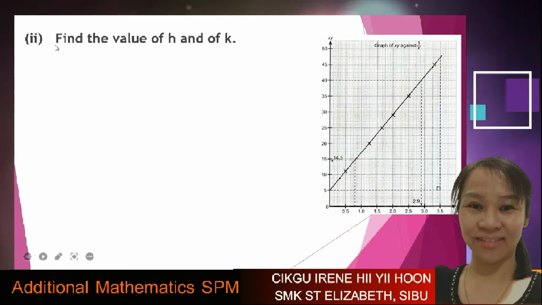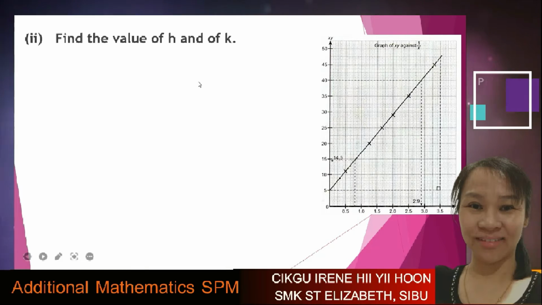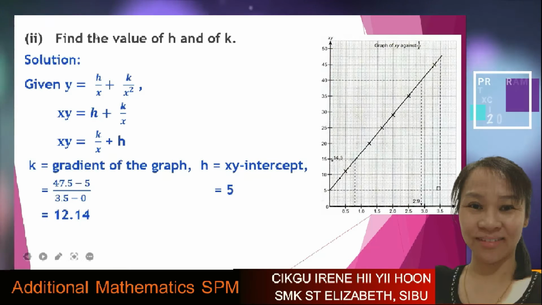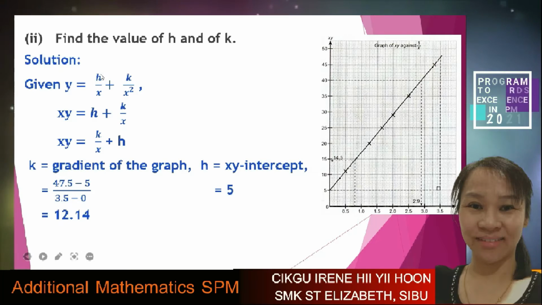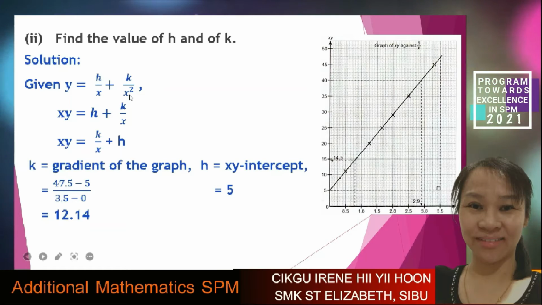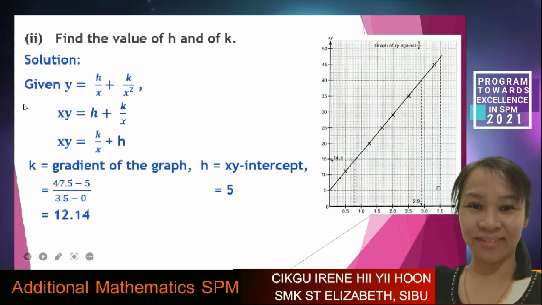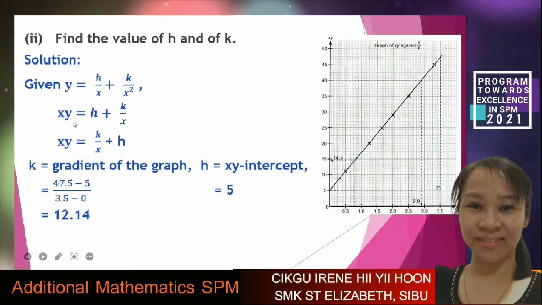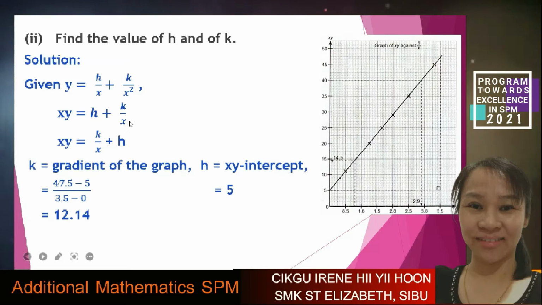For question 2, find the value of h and of k. Okay, from the equation, given that y equals h over x plus k over x squared, by multiplying both sides with the variable x, we will find that xy equals h plus k over x.